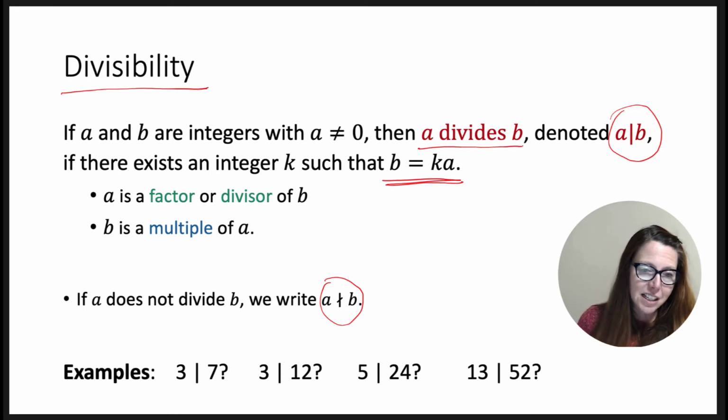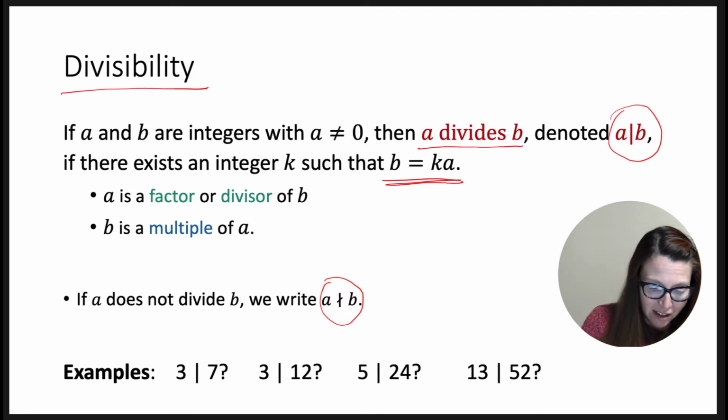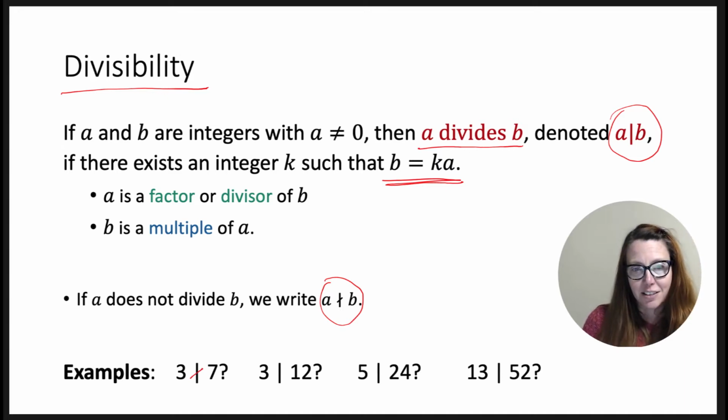And so if we look at our examples, we can see that 7 is not a multiple of 3, and so 3 does not divide 7.